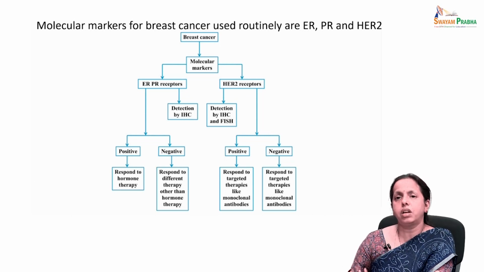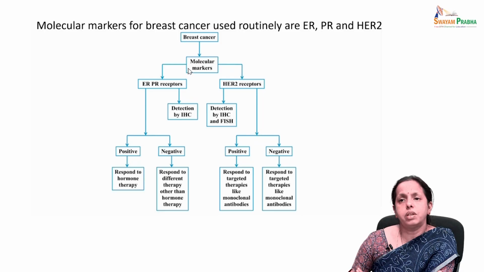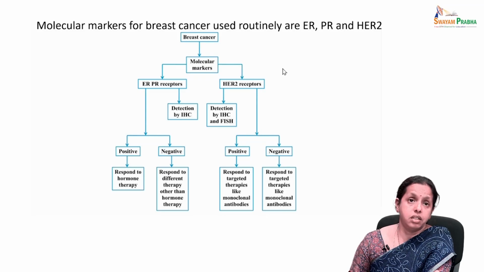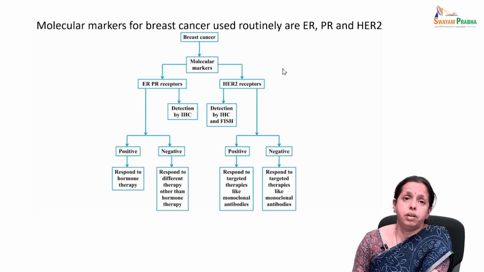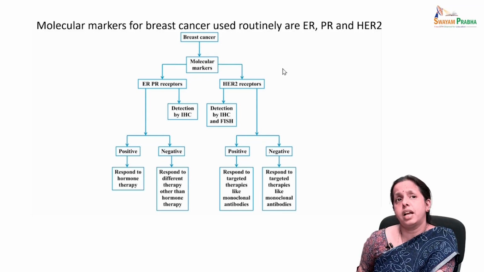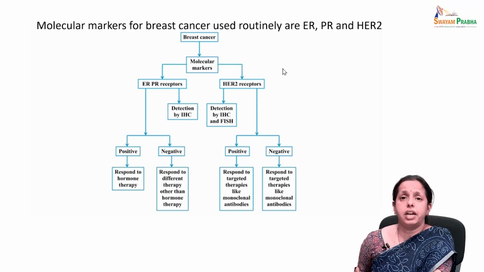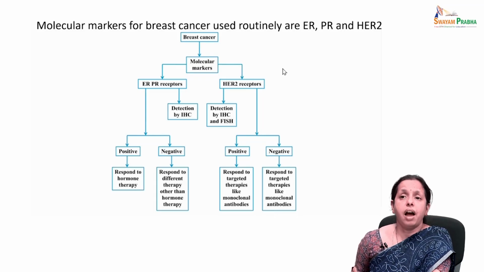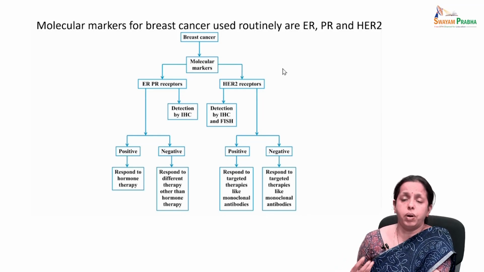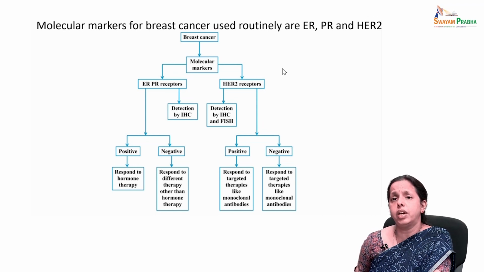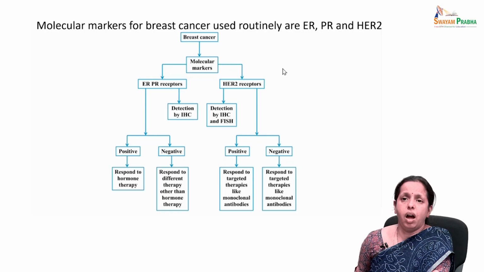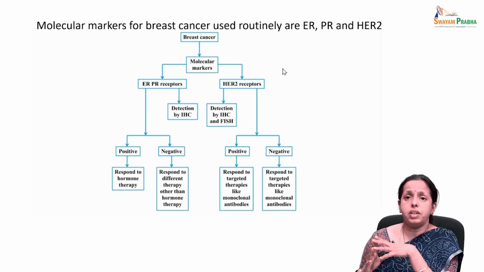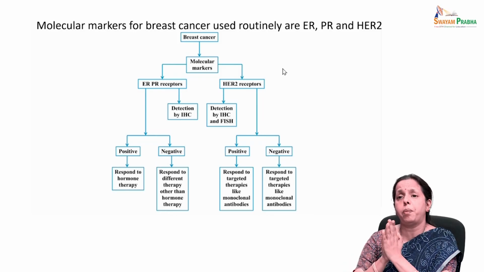These markers, along with clinicopathological prognostic parameters such as age at diagnosis, lymph node status, which we discussed in the last class, tumor size, and histopathological grading, provide a prediction for the prognosis of cancer recurrence after initial treatment. Taken together, these parameters can predict the future outcome of the disease, or even any future appropriate treatment.